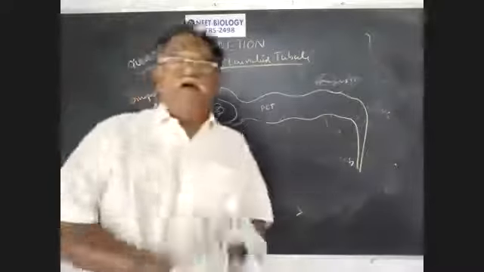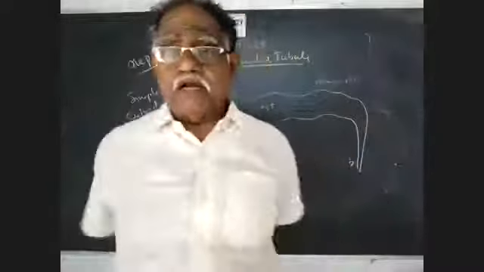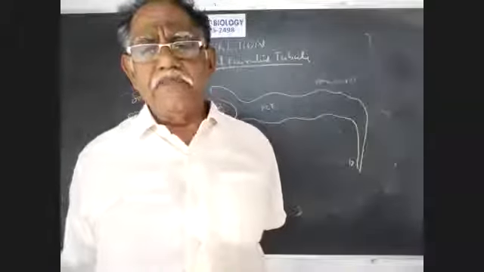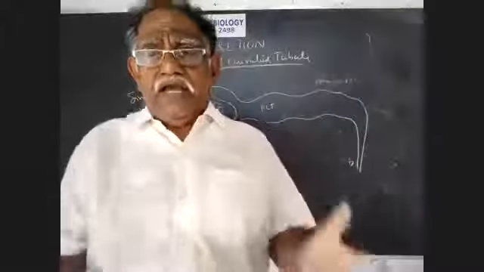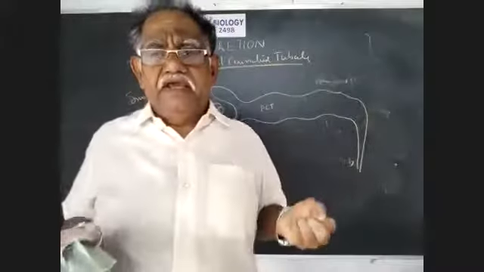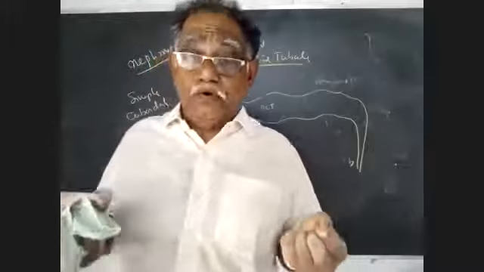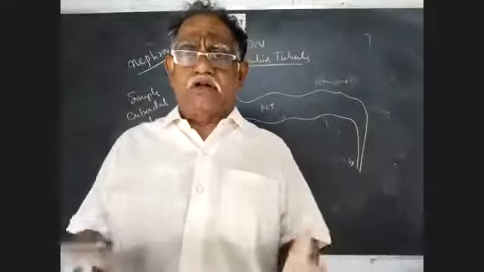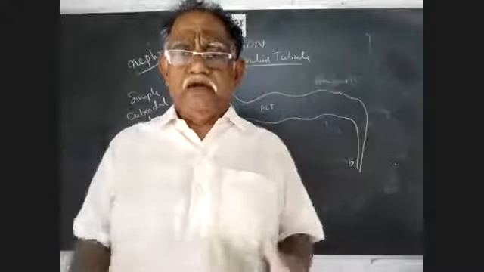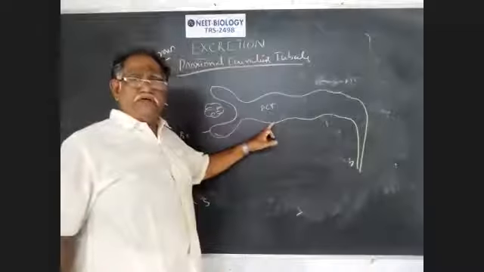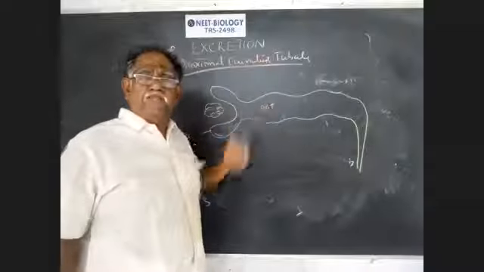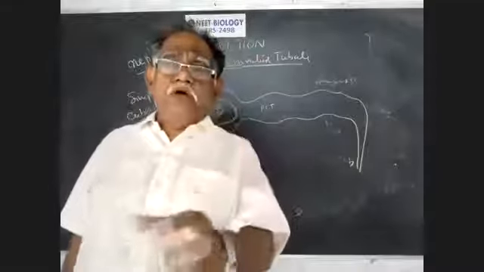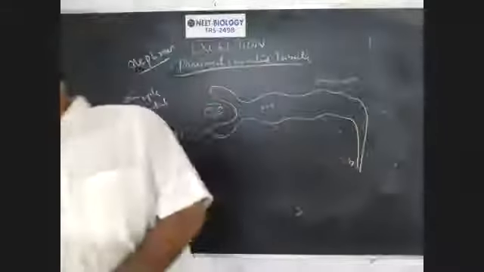The wall of the proximal convoluted tubule is made up of simple cuboidal epithelium having brush borders, involved in active reabsorption of the electrolytes, water and nutrients. So most of the nutrients, electrolytes and water are reabsorbed into the blood through the proximal convoluted tubule from the glomerular filtrate. What are the substances which are reabsorbed through the proximal convoluted tubule?